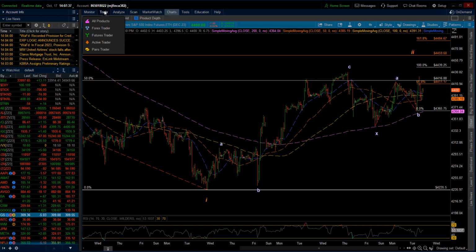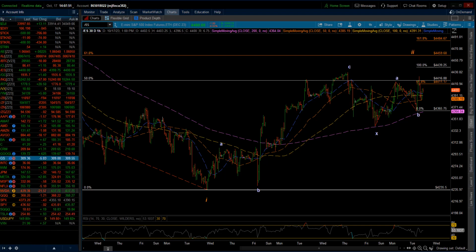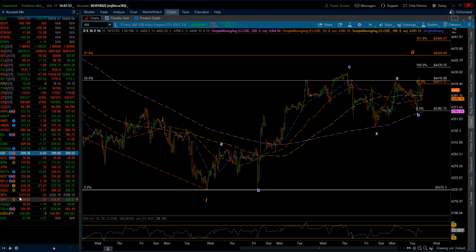Where the 4,400 really comes in is not necessarily in the ES, it's in the SPX. So we're going to be keeping a very close eye on the SPX, which closed at 4,373, and was obviously higher today. 4,400 for the SPX is where the pin is trying to get dropped.